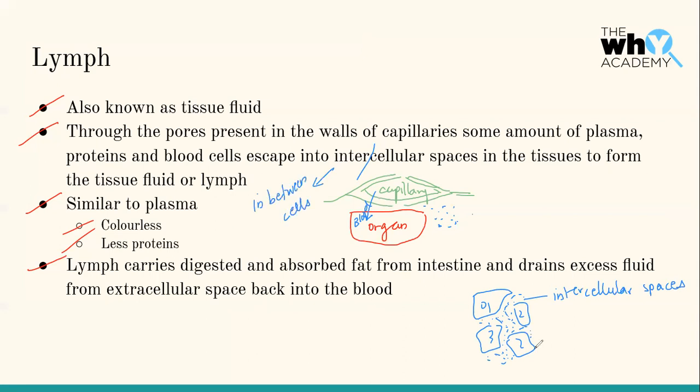So a group of cells come together to form tissues, a group of tissues come together to form organs, right? So even the space between two organs will also be referred to as intercellular spaces, right?